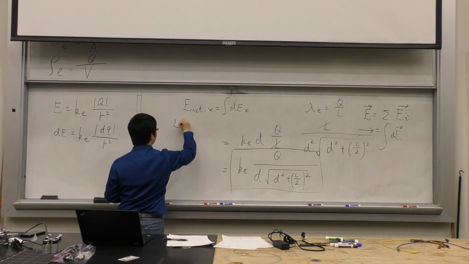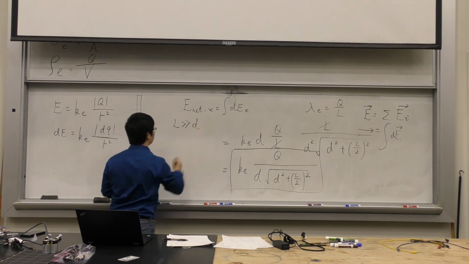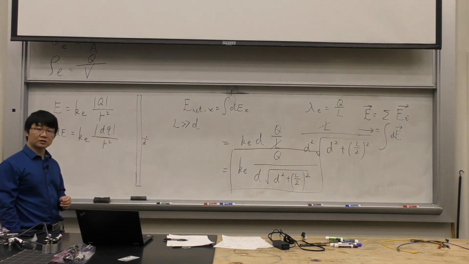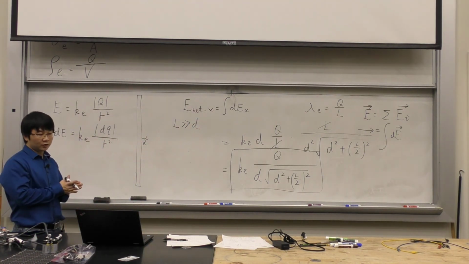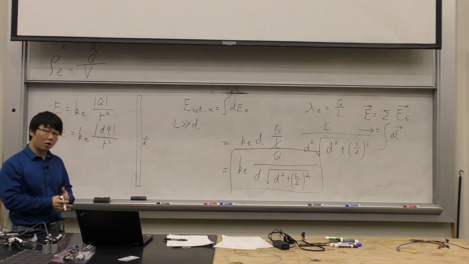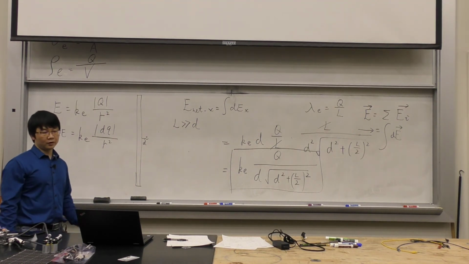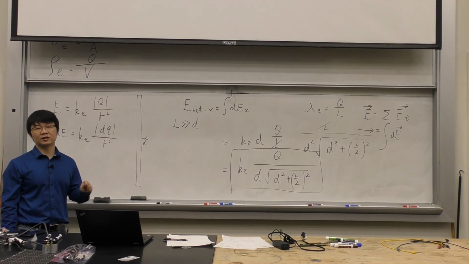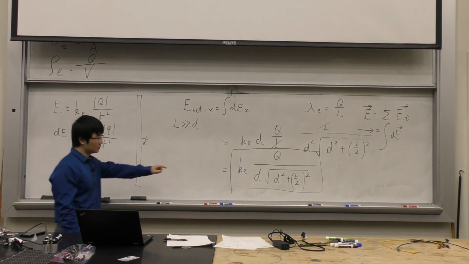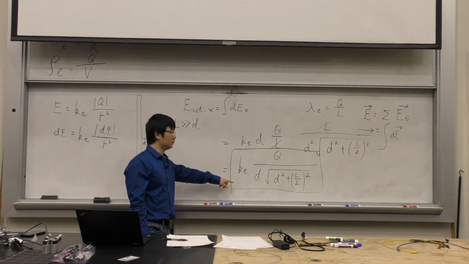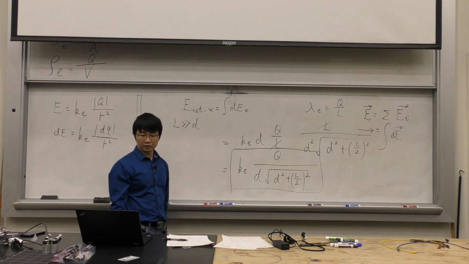If I take this limit, the length of the rod is much, much bigger than the distance. So either the rod is very long, or I'm interested in a point very, very close to the rod, okay? So this is actually going to be reduced to an even simpler expression.